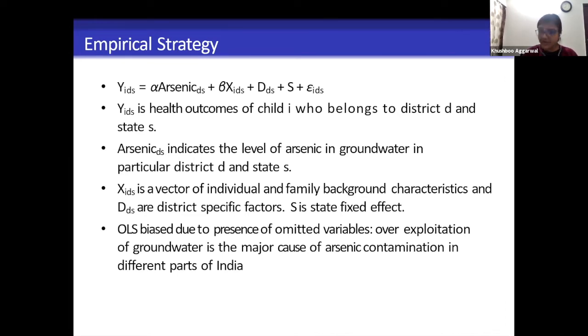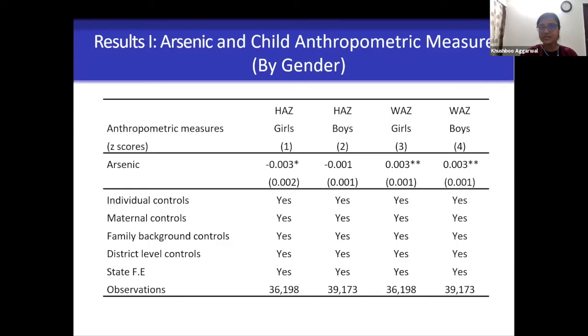Now, as I've already mentioned before, due to the presence of arsenic not being exogenous, we argue that our OLS would suffer from an endogeneity issue, and thereby we rely on an instrumental variable framework. But before getting into the IV results, I would like you to first see the OLS estimates.